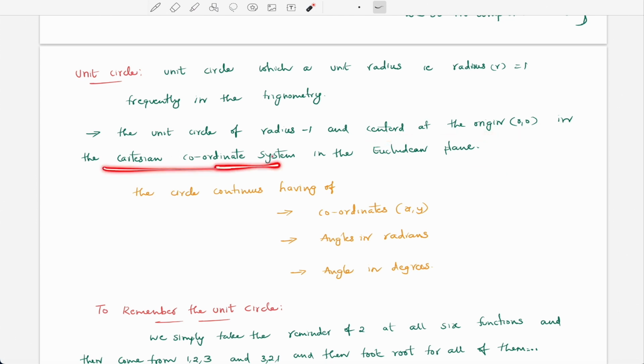So the center is at the origin in the Cartesian coordinate system in a Euclidean plane. What is a Euclidean plane? It's a flat plane like this. I can't explain it here, I'm not good at drawing, so I just want you to explore it on your own. Just Google it and you're going to get a good example.